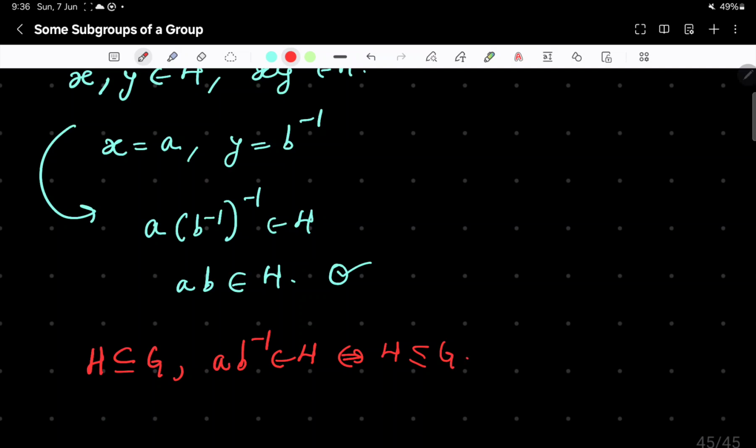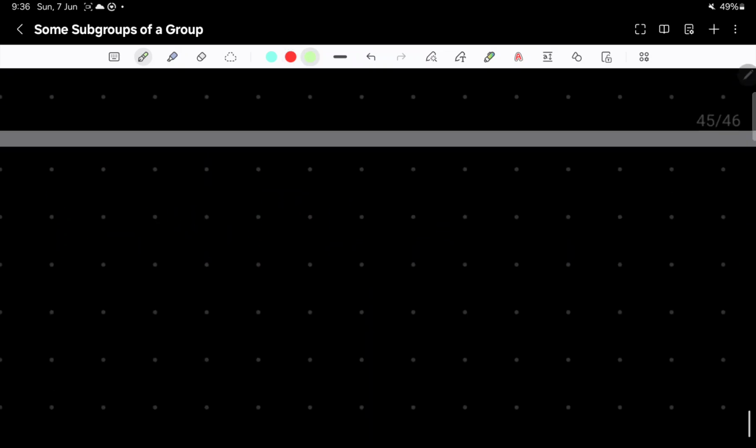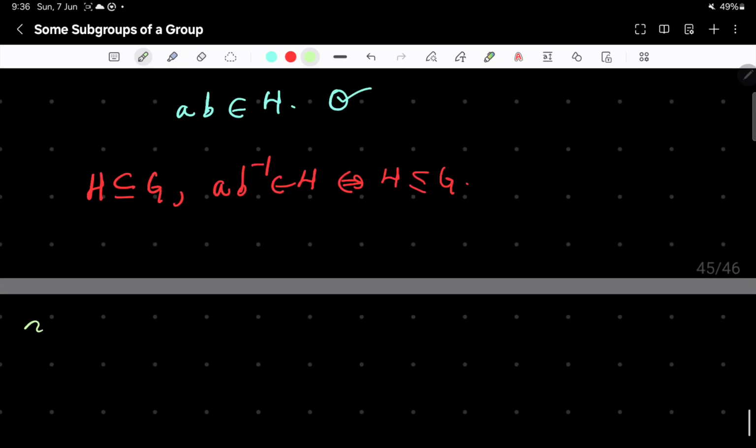We will see some problems regarding how to use this to prove that particular types of sets are subgroups. First thing we need to see, let's see this.